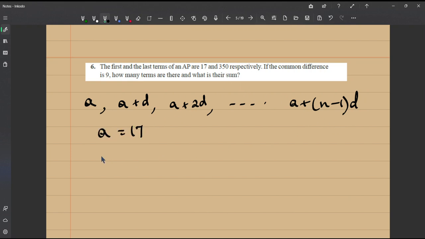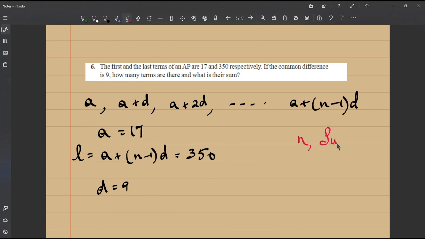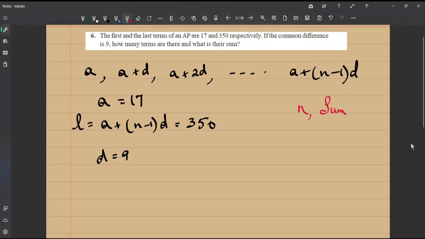The last term, which I can denote by L, but it is actually a plus n minus 1 into d, is also given to us as 350. And the common difference is given. It is 9. So we just have to find the number of terms in this arithmetic progression and the sum of the terms.